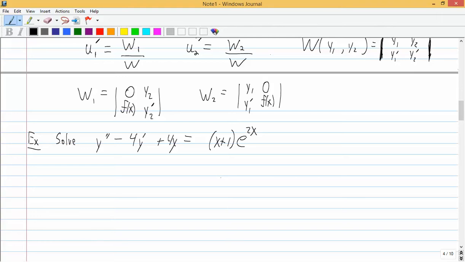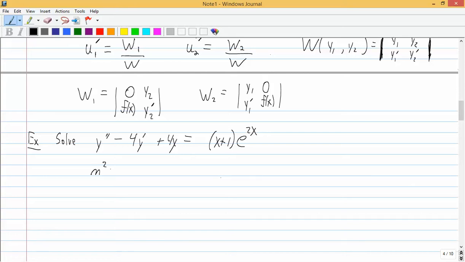I could solve this by the annihilator approach. It would take me a little while. If you get good with this approach, variation of parameters, it might be a little faster depending on how good you are with determinants. All right, so first write down the auxiliary equation and set it equal to 0.